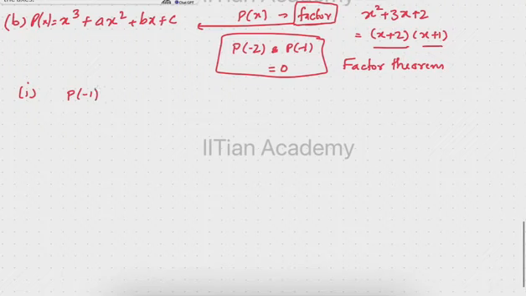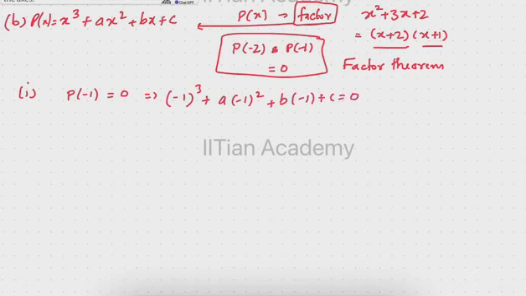So we have two options here. First, P(-1) is 0. That means (-1) cube plus a into (-1) square plus b into (-1) plus c equals 0. That is minus 1 plus a minus b plus c equals 0. That means c minus b plus a equals 1. This is one equation we have.